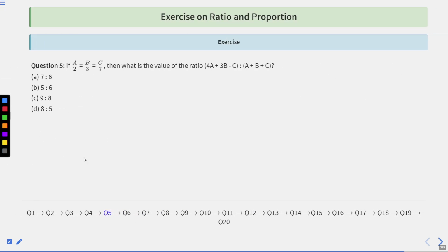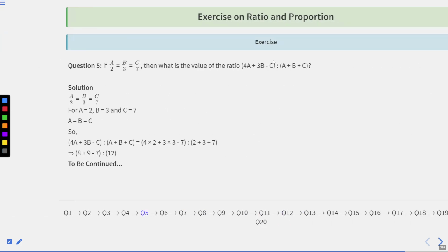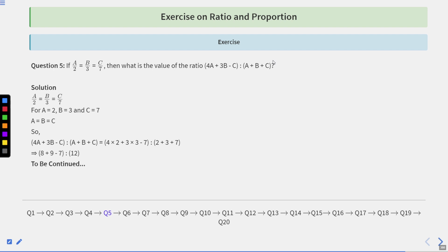Question number 5. If a by 2 is equal to b by 3 equal to c by 7, then what is the value of the ratio 4a plus 3b minus c is to a plus b plus c? Now, let us have a look at the solution.